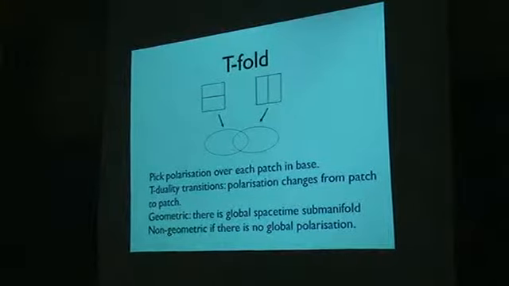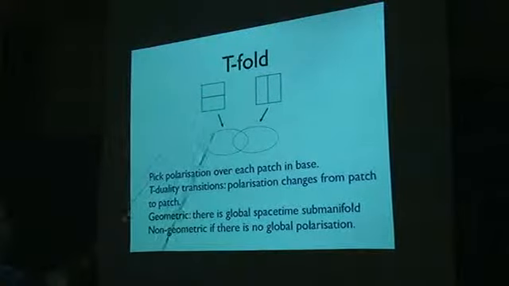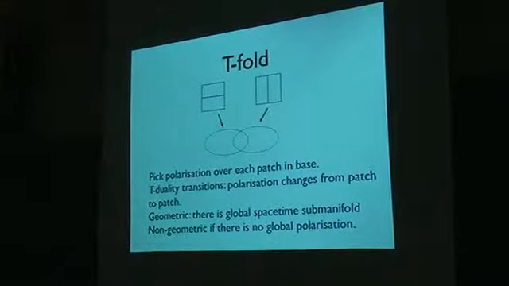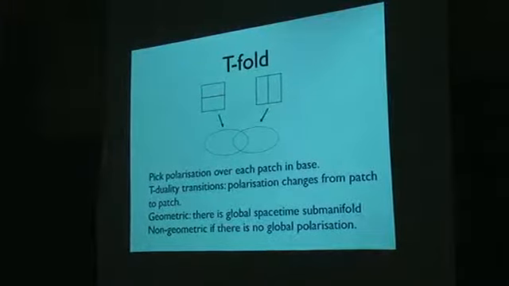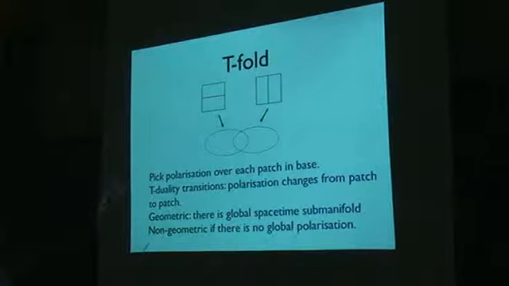And a geometric background would be one where one can globally choose a splitting into x's and x tildes. There would exist a global polarization. And the non-geometric one would be one where there's no global way of choosing which are the x's and which are the x tildes. Inevitably there'd be some twist which wouldn't enable you to globally choose which one was which.